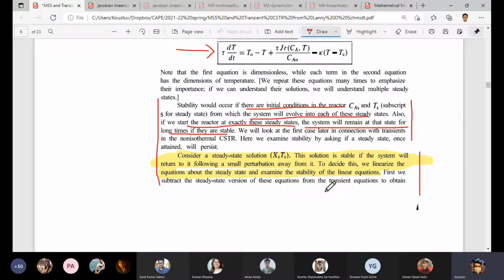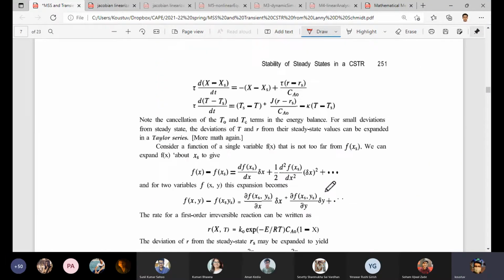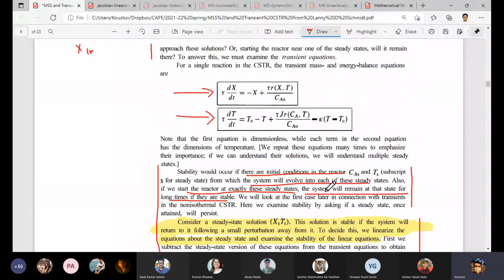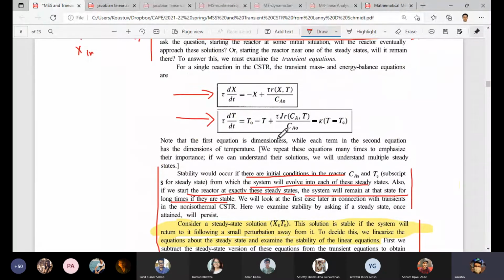In the same way, we have done it with respect to these two terms, and we can see here that both terms have this nonlinear rate, because it has the k term, which is a function of temperature, and it has exponential of minus E by RT.